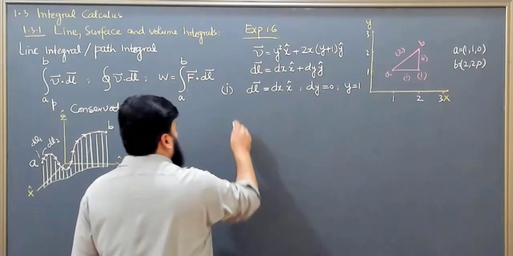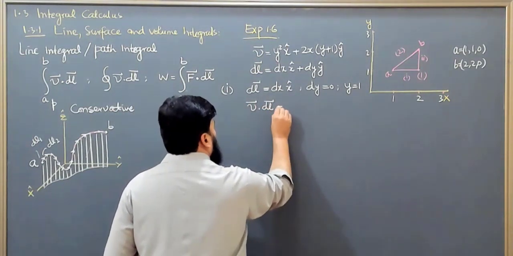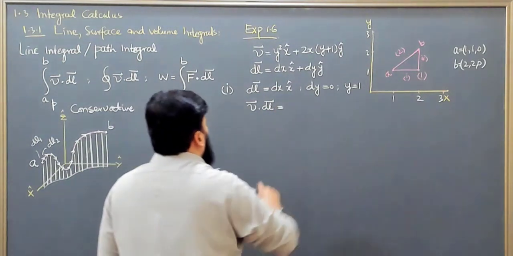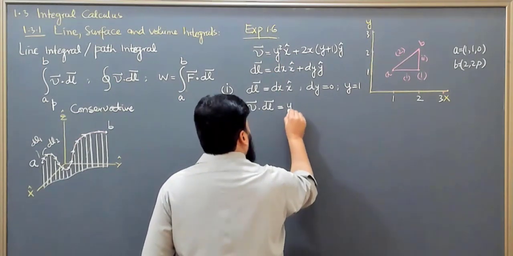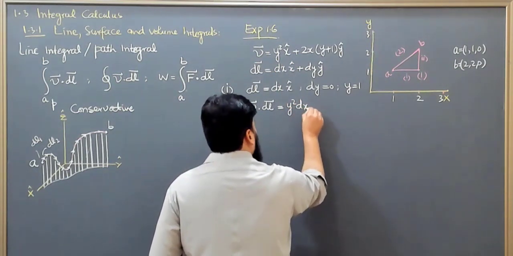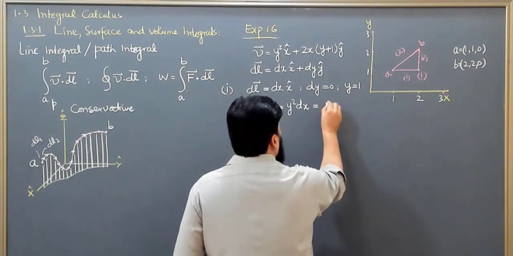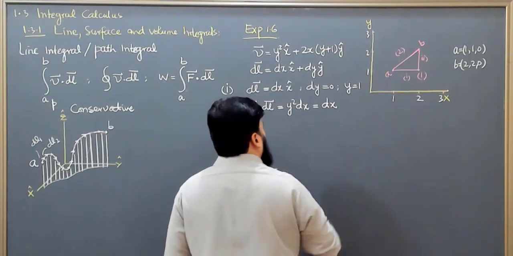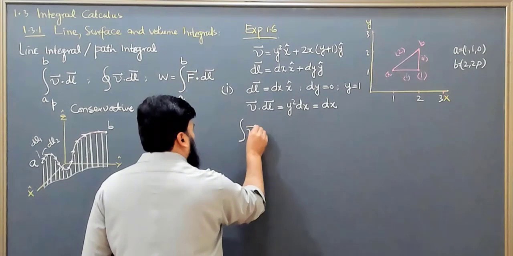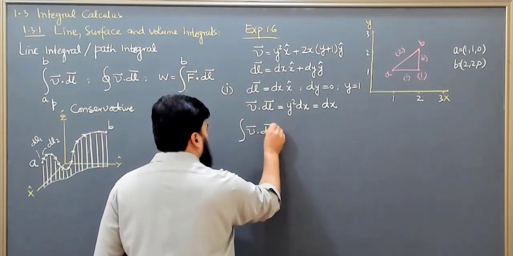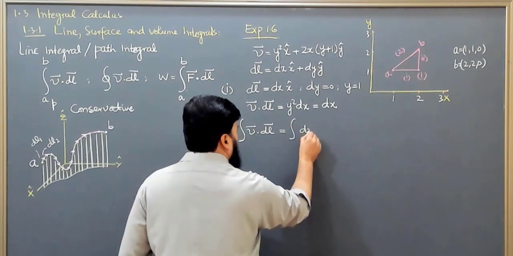Now calculate v dot dl. We have only x here, so v dot dl is y squared dx, and we know that y is equal to 1, so this is equal to dx. It means when we integrate v dot dl, this is equal to the integral of dx.